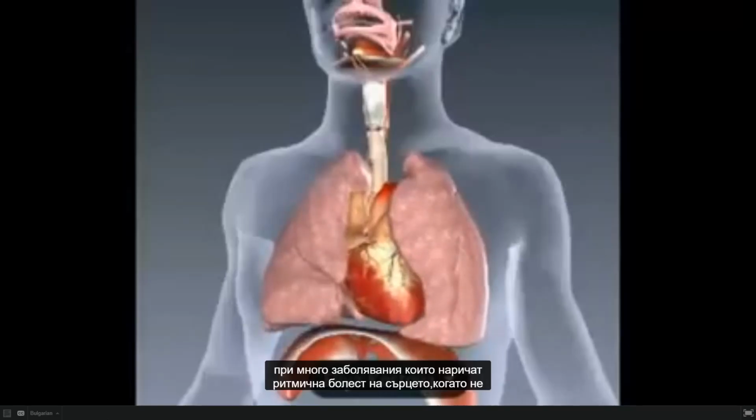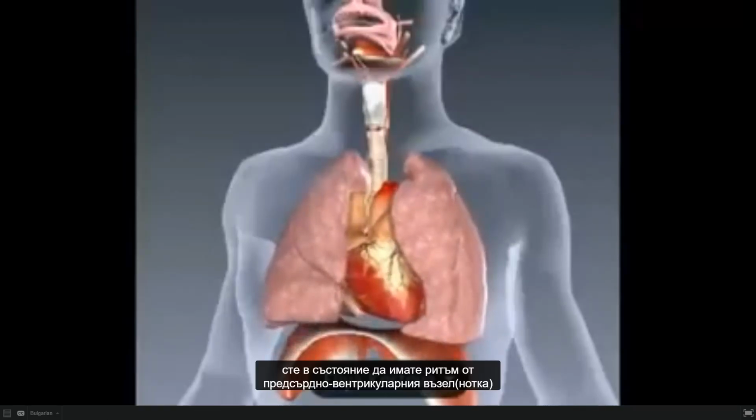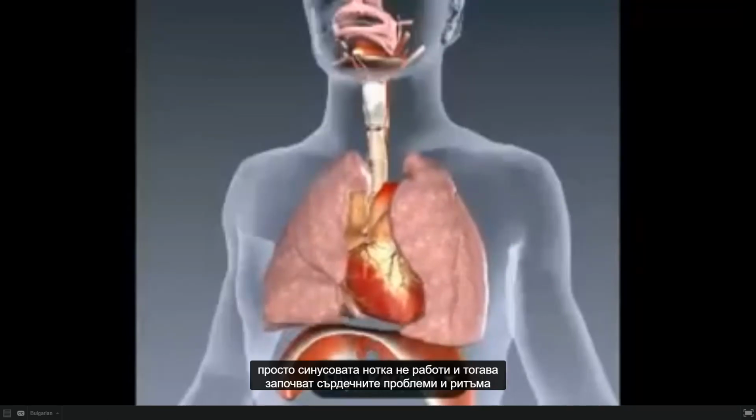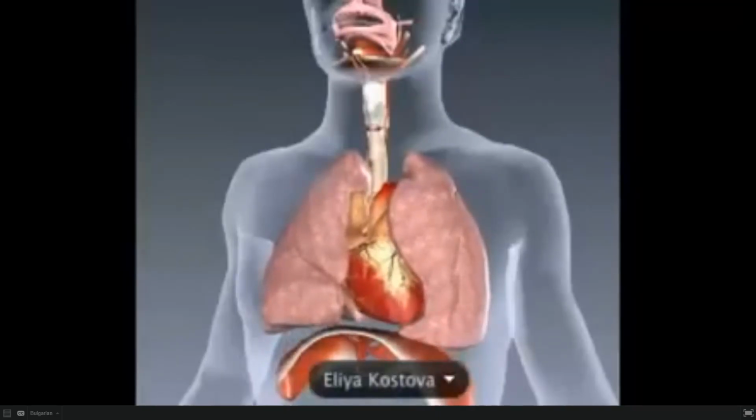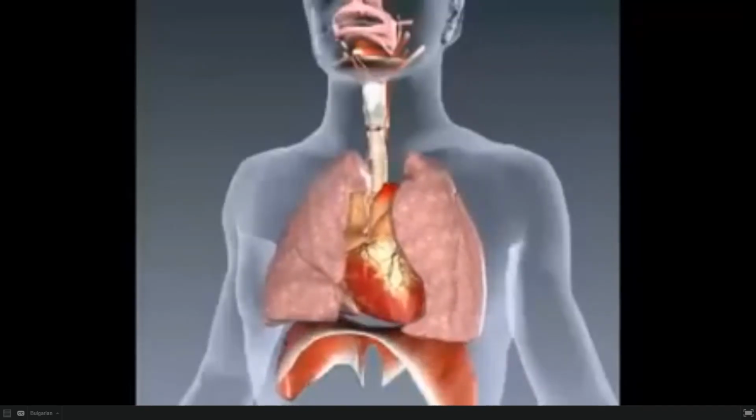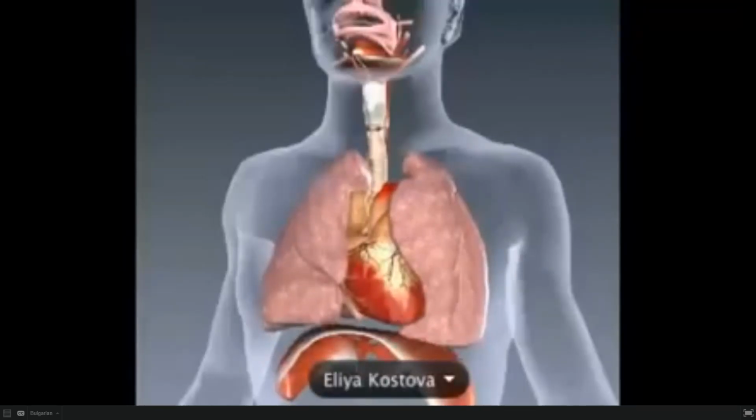Because in many diseases, the rhythmic diseases of the heart, you are able to have rhythm from the atrioventricular node, just the sinus node not working, and then the heart problems start and the rhythm is supposed to be regulated. Okay, so that's when you have an irregular heartbeat, right?